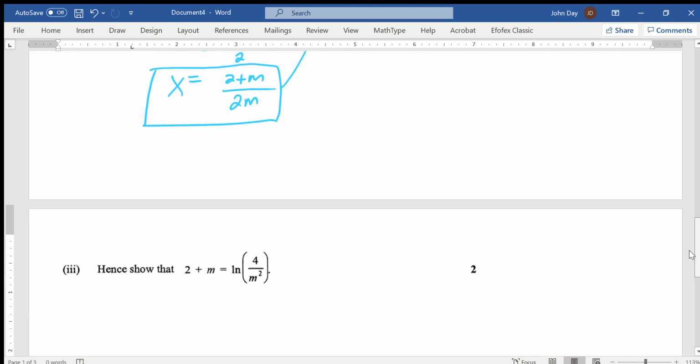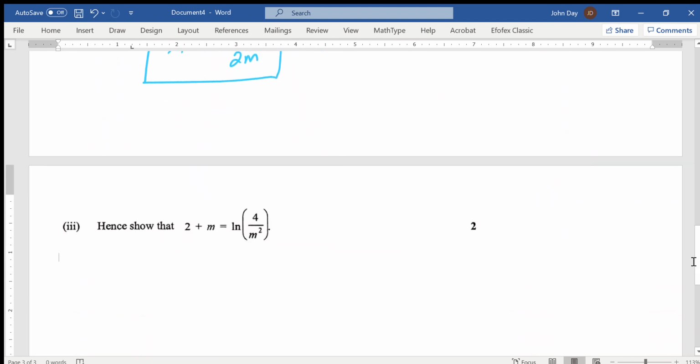All right, finally, hence show that 2 plus m is equal to the natural log of 4 on m squared. Oh, well, here we are. So the point P has coordinates x and natural log of 2x minus 1. It does have those coordinates.